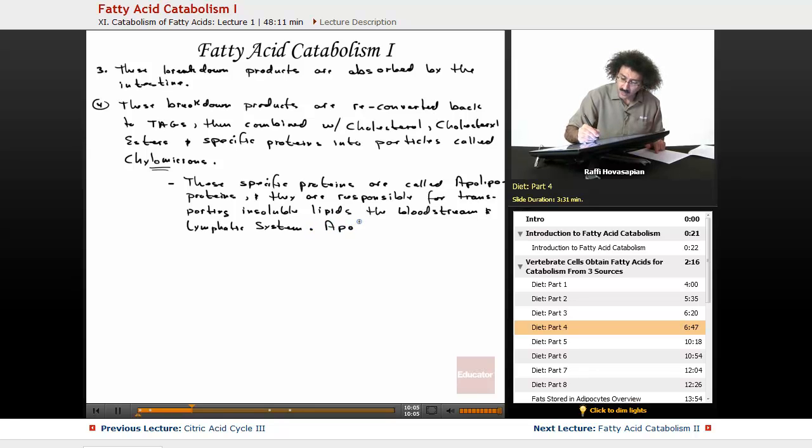Okay. One of these proteins, ApoC2, is an example.